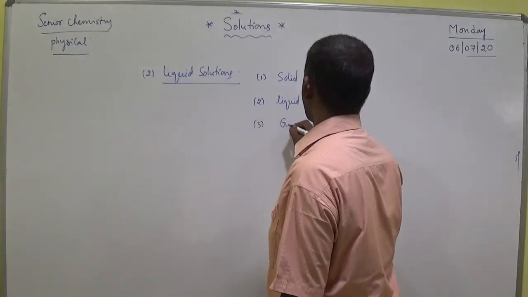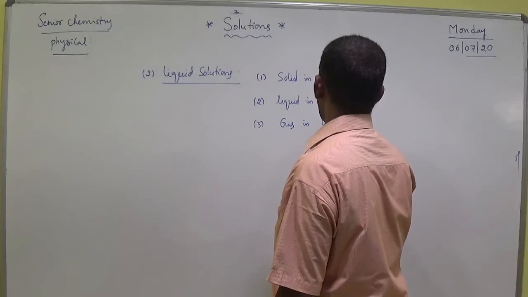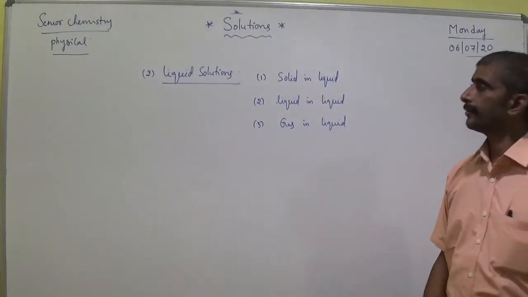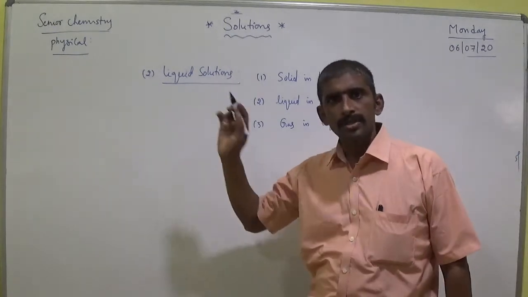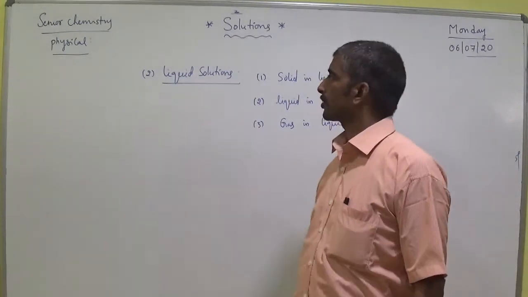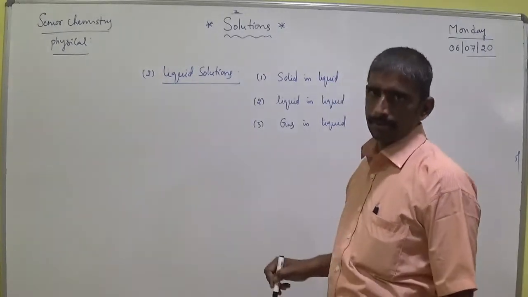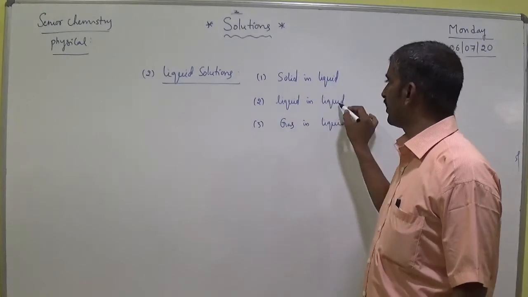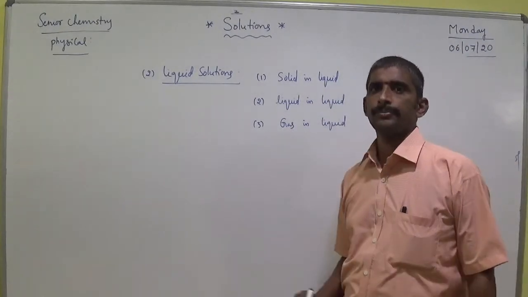Third, gas in liquid. Once again, the solid solutions are completed. Second, liquid solutions. Liquid solutions are of three types. Further classification: solid in liquid, liquid in liquid, gas in liquid.